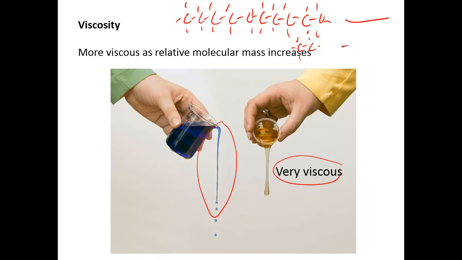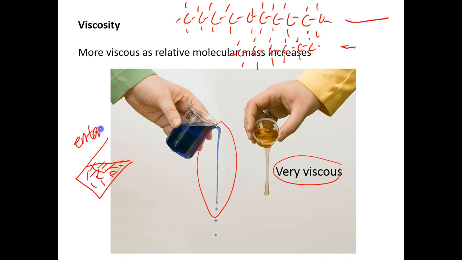So imagine as you try to pour this substance out from the beaker, versus this substance, there's a higher tendency for this long chain to entangle each other. So when I tilt the beaker to pour, these long chains, these long lines inside, there's a tendency for them to entangle.